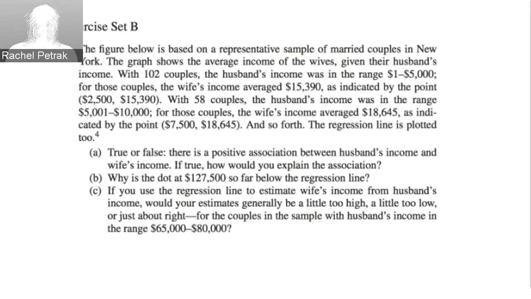So instead, we had wife on the x-axis and the husband's income as the outcome variable. Would we expect the estimates to change much? So not likely. We're not likely to see a dramatic change there.